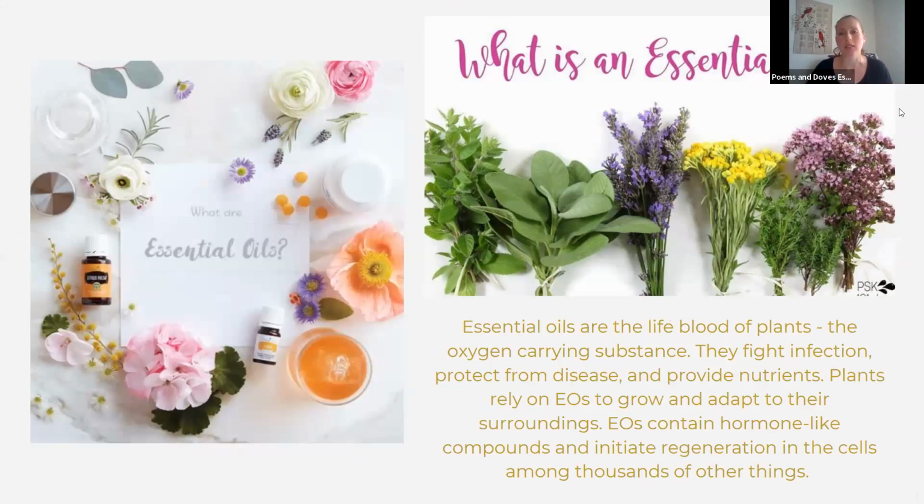So to break it down, essential oils are the lifeblood of plants. If you think about our bodies and how we have blood that transports nutrients throughout our body, that's what the essential oil does for a plant. That's why they call it essential, because it's essential to the plant. It's like the source of life for the plant.